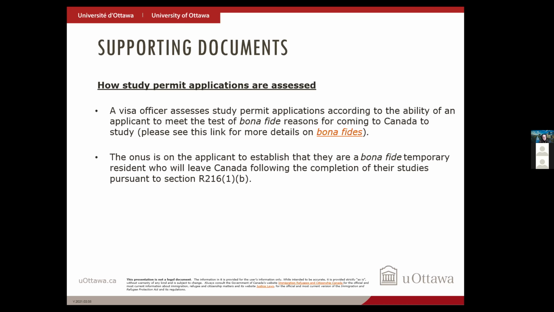You are allowed to have both intentions. However, when applying for your study permit, the primary intention of your application has to be to study. So just make sure that when you are building your application, it's very clear that it's a temporary application. It's an application to study temporarily in Canada.